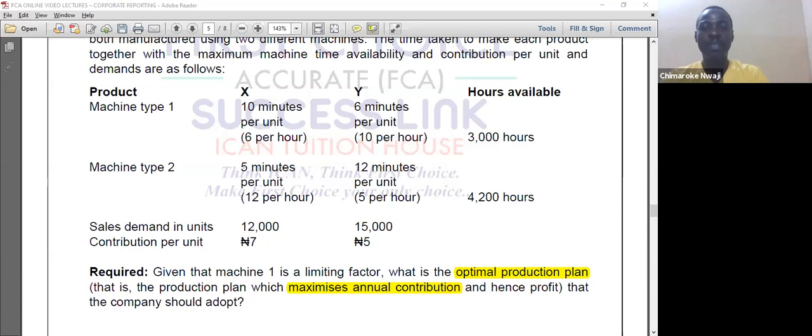Now, if we are making 6 minutes in 1 unit, then for 15,000 units, how many hours do we need? Sorry, I got it mixed up.